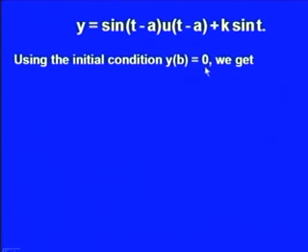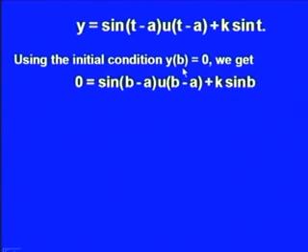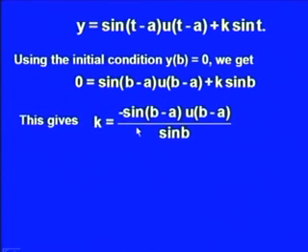We can then use the other condition, that is y at b is equal to 0. So, when you put t equal to b here, we get 0 equal to sin(b minus a) into u(b minus a) plus k sin b, and therefore the value of k is equal to minus sin(b minus a) into u(b minus a) over sin b.